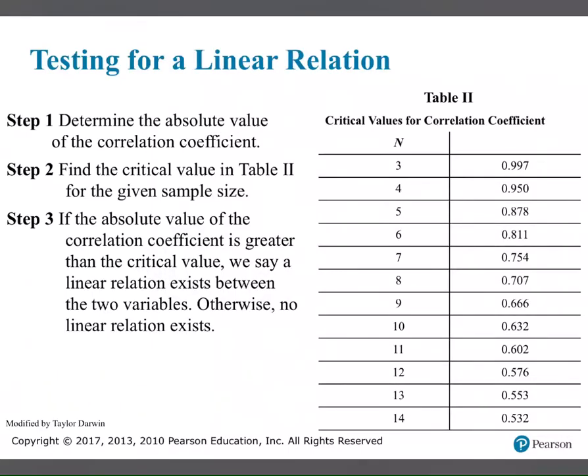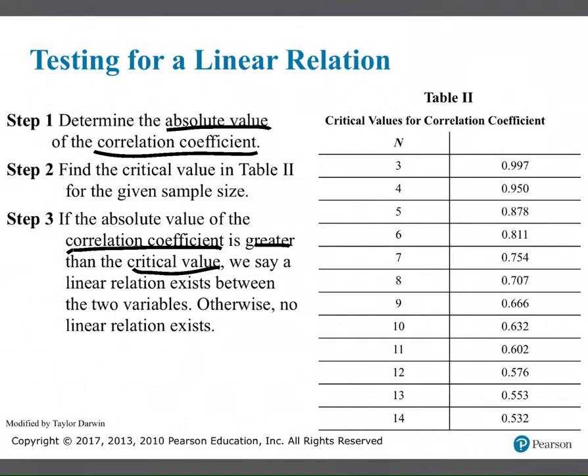So there's basically another way to check that your correlation coefficient does represent a good linear relationship. You find the absolute value of the correlation coefficient, which basically means if it's negative, make it positive. And then you look at this table to your right, depending on your sample size, and you want to know if the absolute value of the correlation coefficient is greater than the critical value.